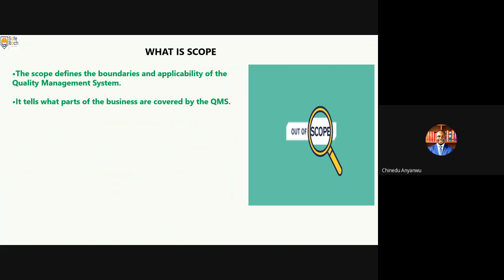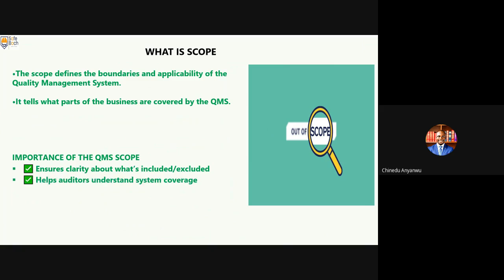A scope helps to tell what part of the business is covered by the quality management system. The scope is very important because it helps to clarify what is included and what is not included in the quality management system of an organization. It helps auditors to understand the coverage of the quality management system of an organization that they wish to audit.